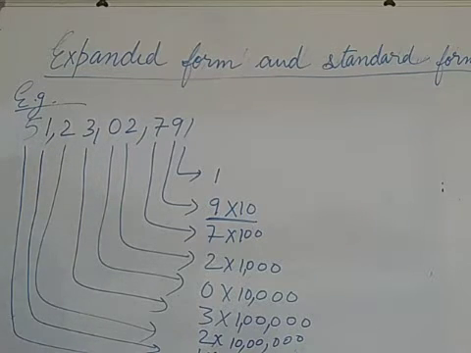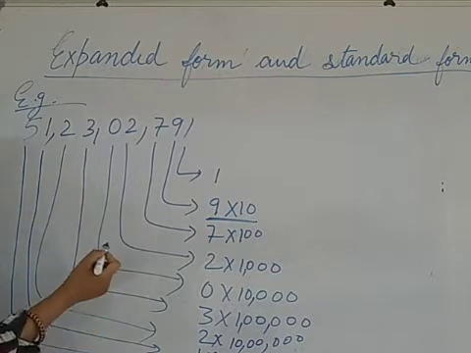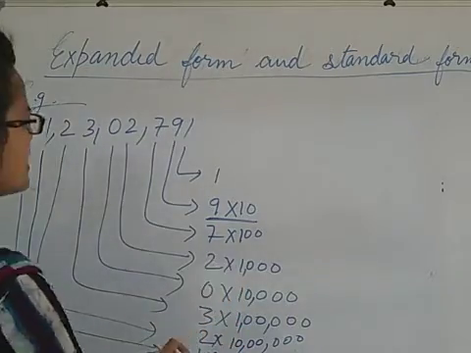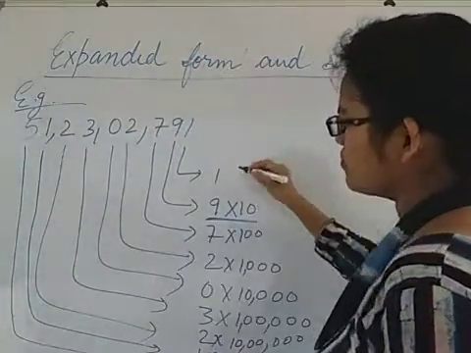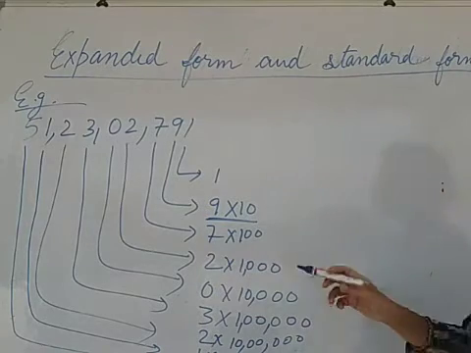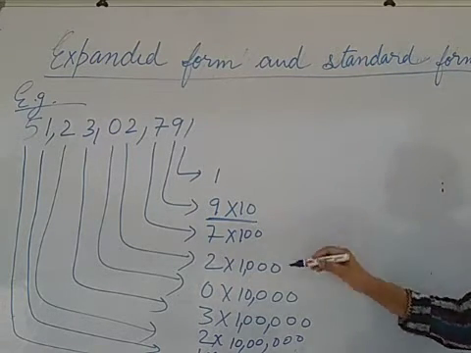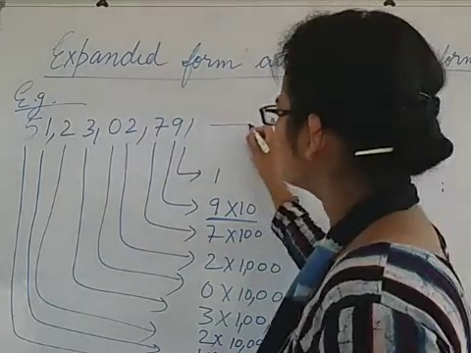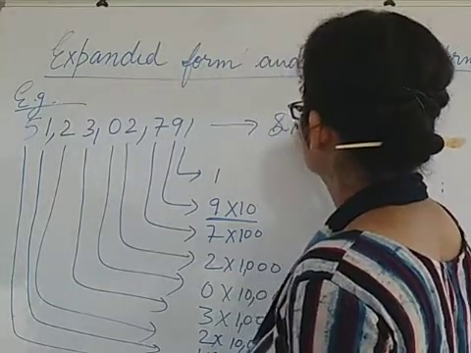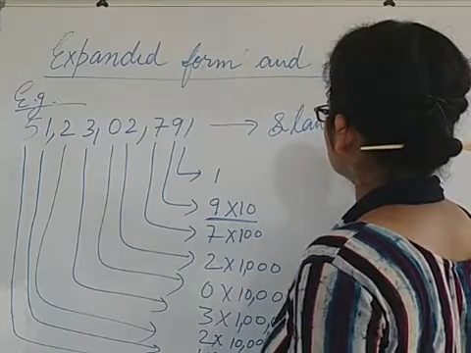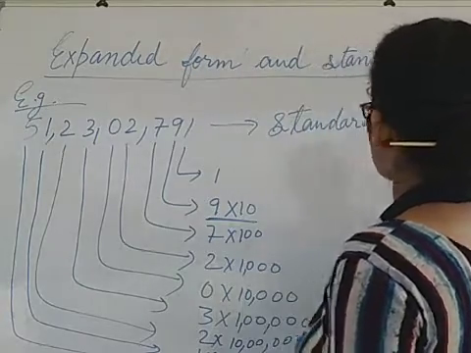So writing all the digits with their place value is known as its expanded form. This is known as standard form.